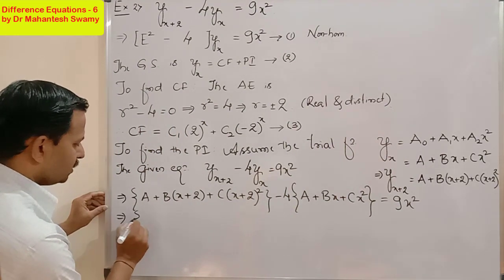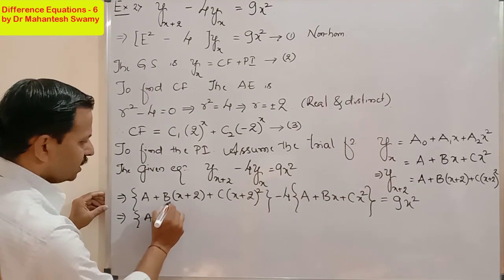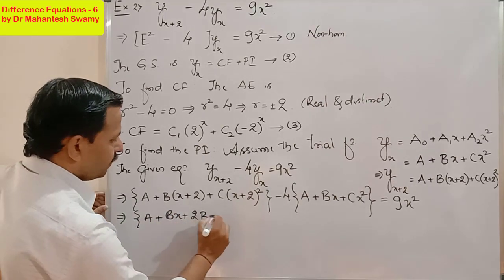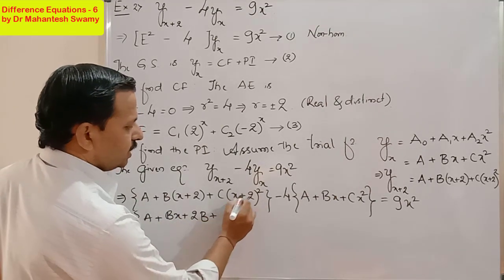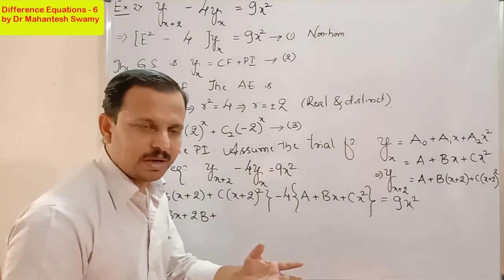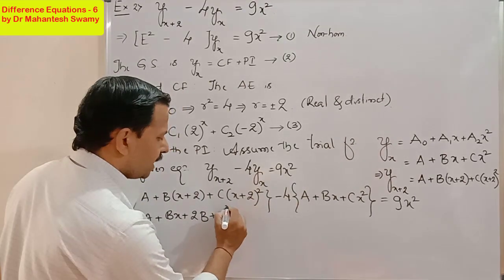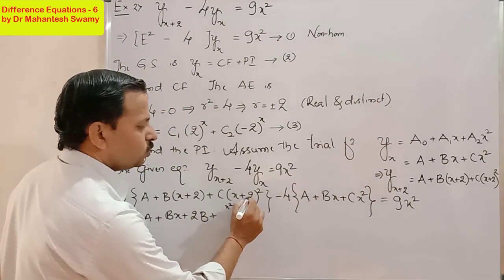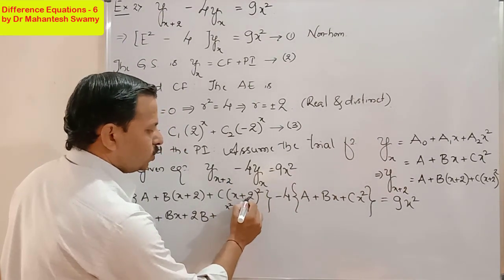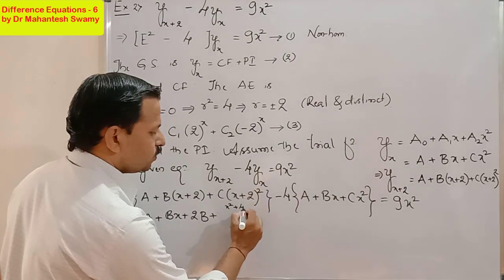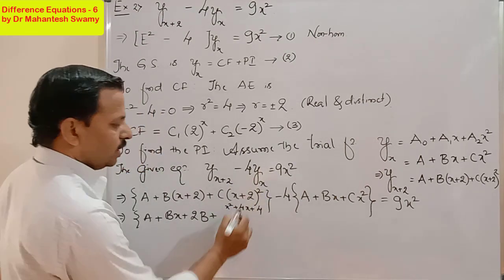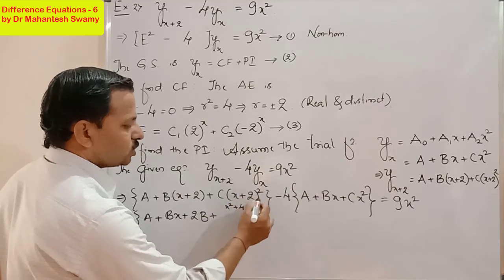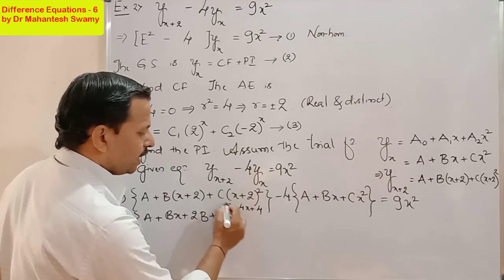This implies a as it is plus bx plus 2b plus, now this x plus 2 whole square, if we expand it, it becomes x square plus 4x plus 2 square is 4. This is the expansion of x plus 2 whole square. Let us multiply c with that.